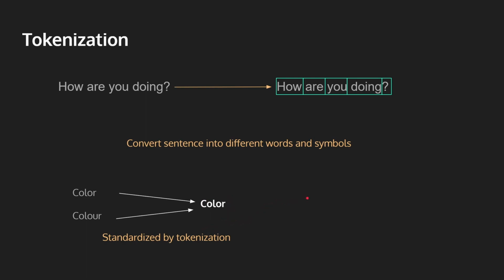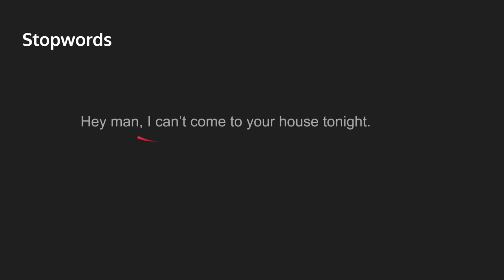Okay, now our next step is called stop words. In order to understand stop words, let's first look at an example, right? So let's say I have this sentence, hey man, I can't come to your house tonight. In this sentence, there are only a few words that we actually really care about in order to understand what the sentence is trying to convey, right? In other words, this sentence will still capture the main idea if we remove some of the words.